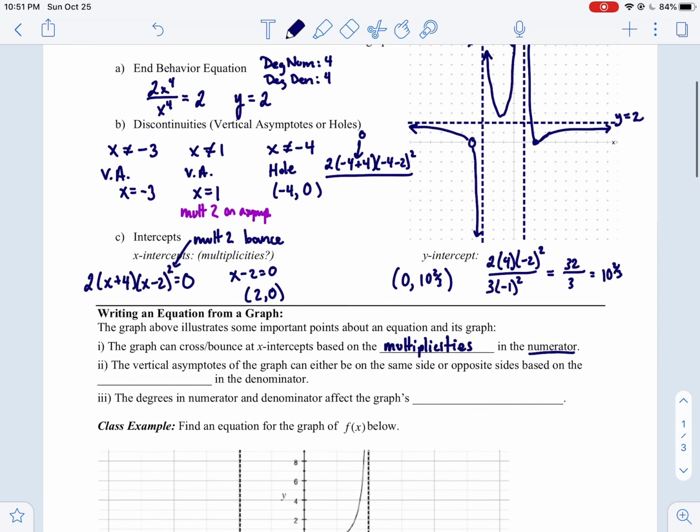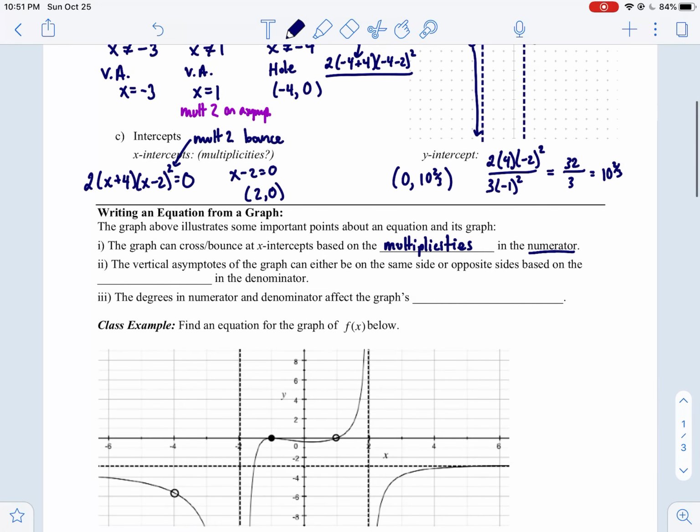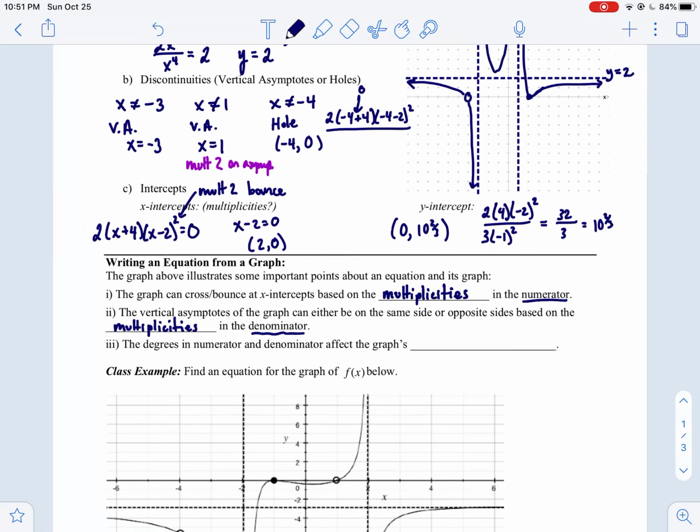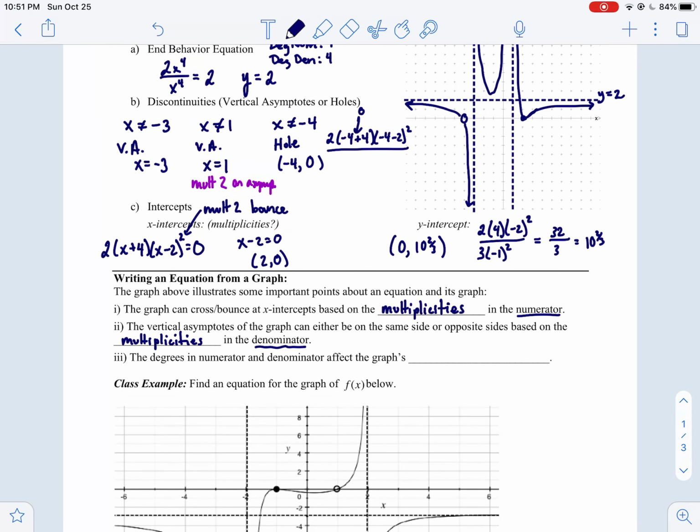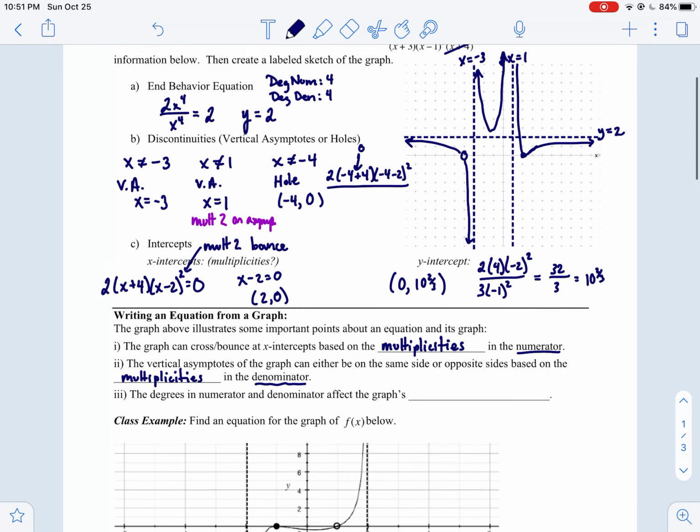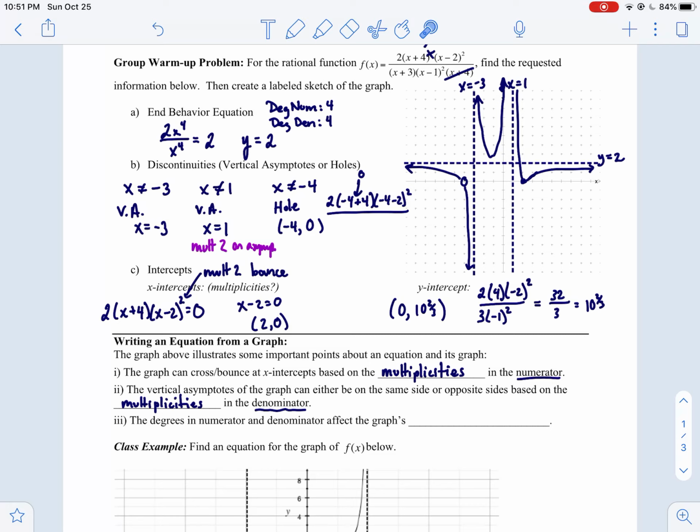And then what we just saw up here in this example is that the vertical asymptotes of the graph can either be on the same side or opposite sides based on the multiplicities of the denominator. Okay, so that's based on the denominator. So in the denominator, if that factor is squared, then that's what caused, like we saw up here, them to go the same direction.